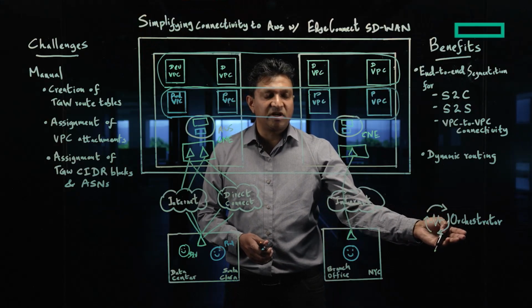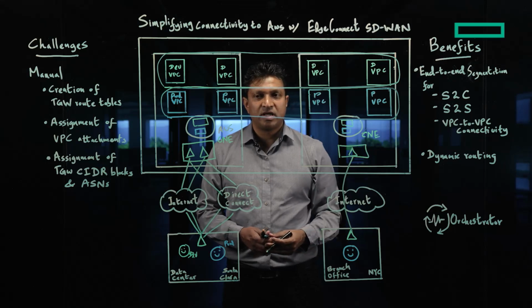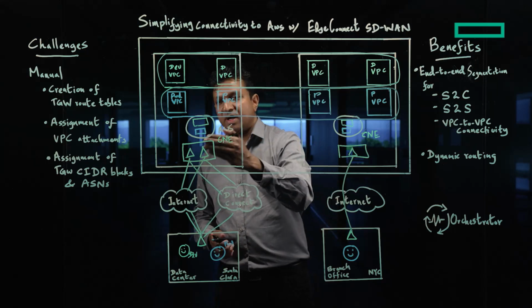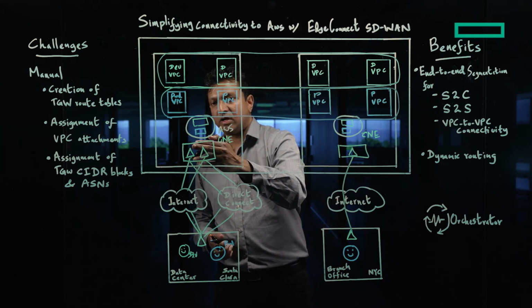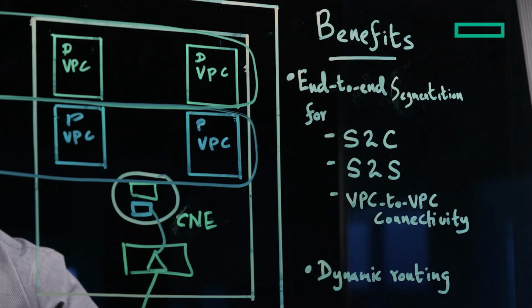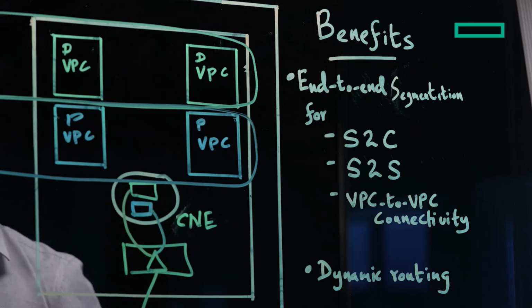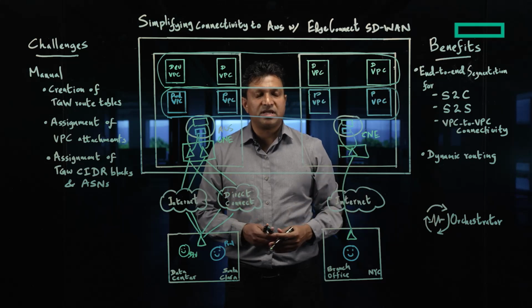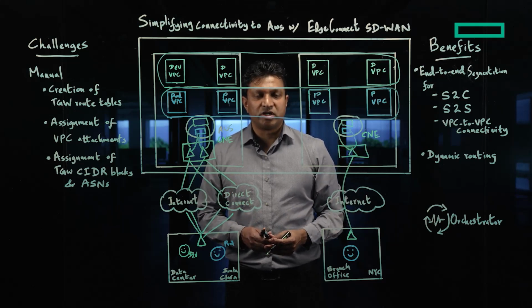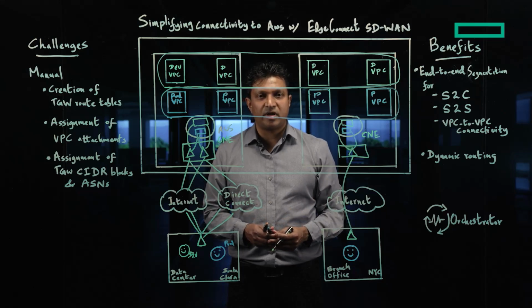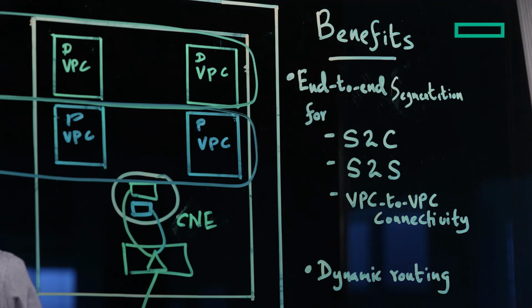Now, with just a few more clicks from the orchestrator, you can start establishing connectivity from the EdgeConnect instances in the cloud with the Cloud WAN segments. You no longer have to create any route tables inside each region, and you will have an end-to-end segmented environment that will provide increased security for your workloads in the cloud.